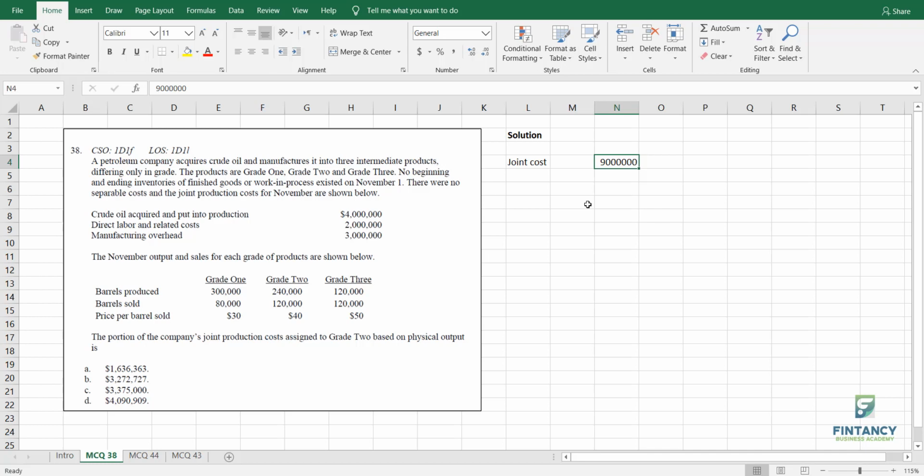Even if there is opening stock, we don't care because we have to consider the production. Maybe if the examiner wants to make this question more difficult, instead of giving the production he will give you opening stock, sales, and closing stock.